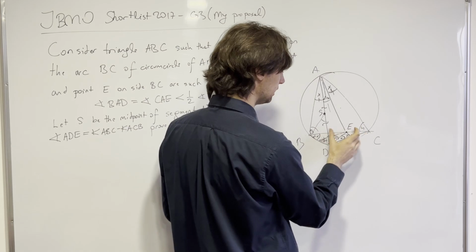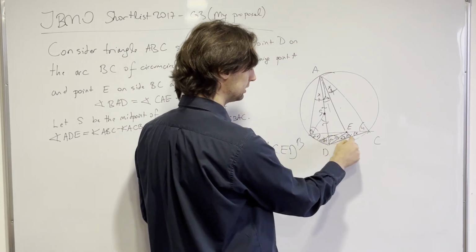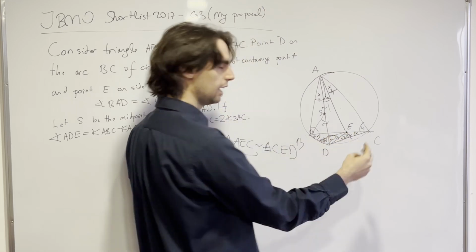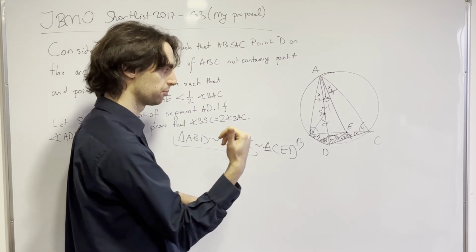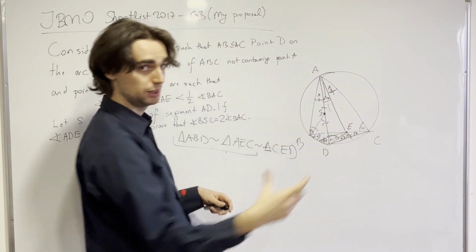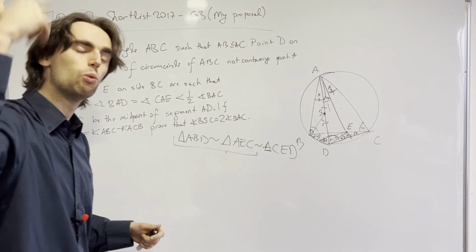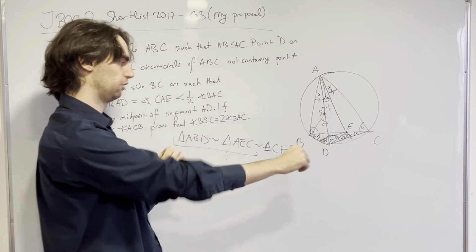But this is parallel to this. This should be 180 minus alpha, which means this angle should be equal to this angle. And there are only two such points E on this side which satisfy that, right? The foot of the perpendicular from D here and the midpoint of BC. You see, this is one way of thinking that leads you to what E could potentially be.